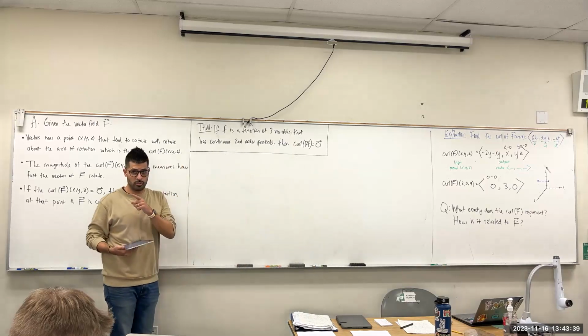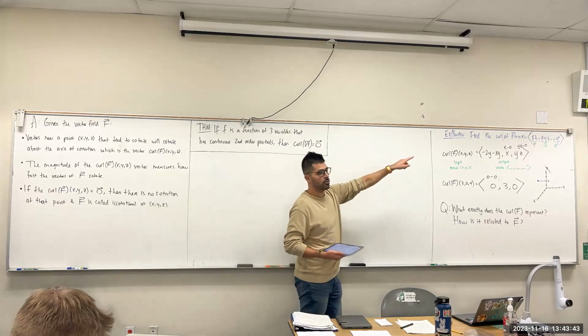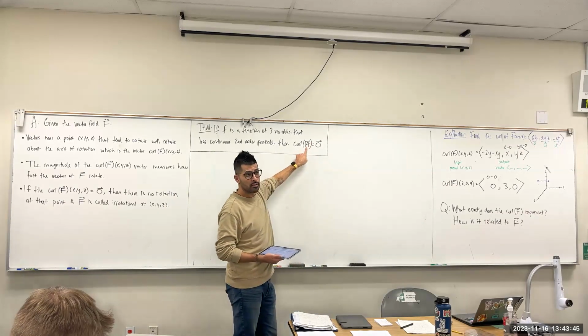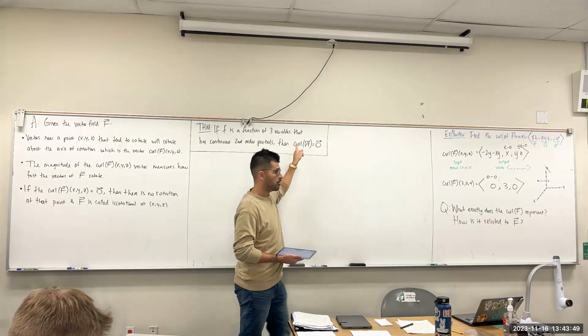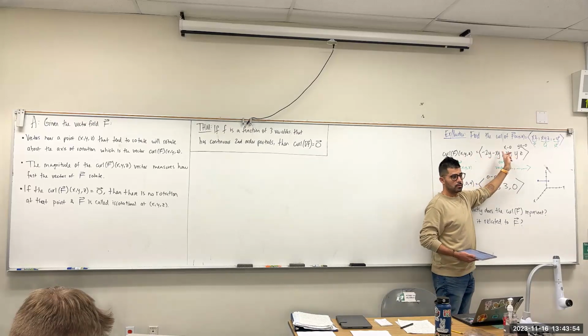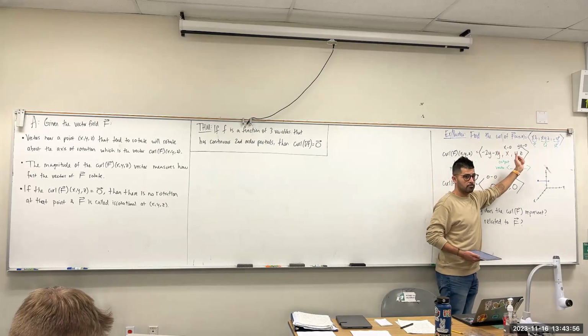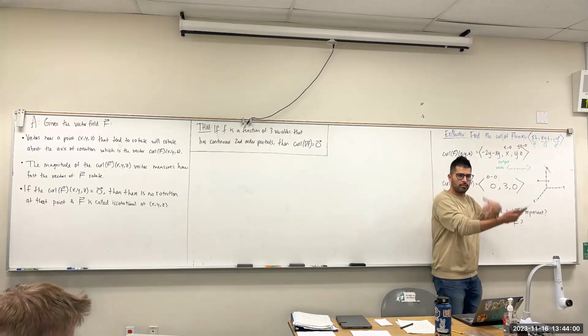Let's say it was conservative. If it was conservative, then that vector field should equal the gradient of a function, right? But if it equaled the gradient of a function, this theorem says that when you computed the curl, it should have equaled 0, 0, 0, and it didn't. So it can't be conservative. You see kind of how that's getting us to what we want?